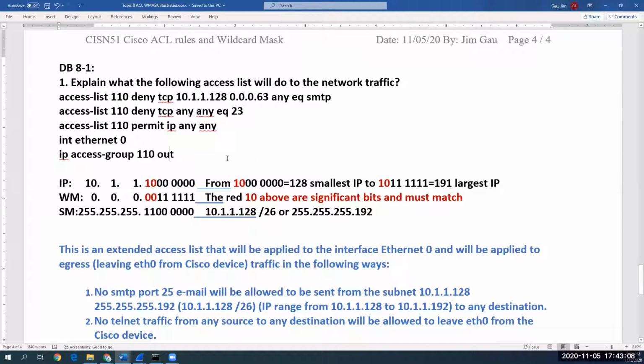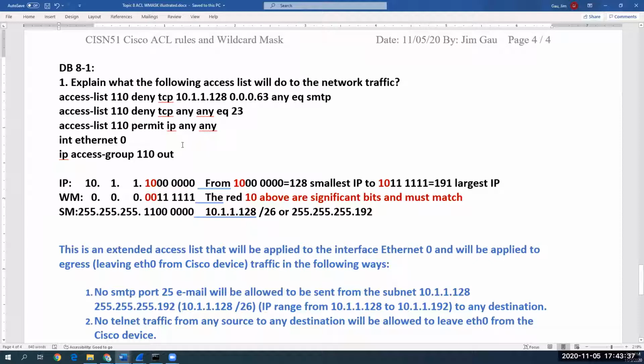When we say inbound or outbound, it means that we sit inside the router or Cisco device or switch, and the packet is leaving out of the interface. So whatever packet is from the Cisco itself inside, going out from the Ethernet 0, is subject to this ACL. So that's the explanation of this ACL.